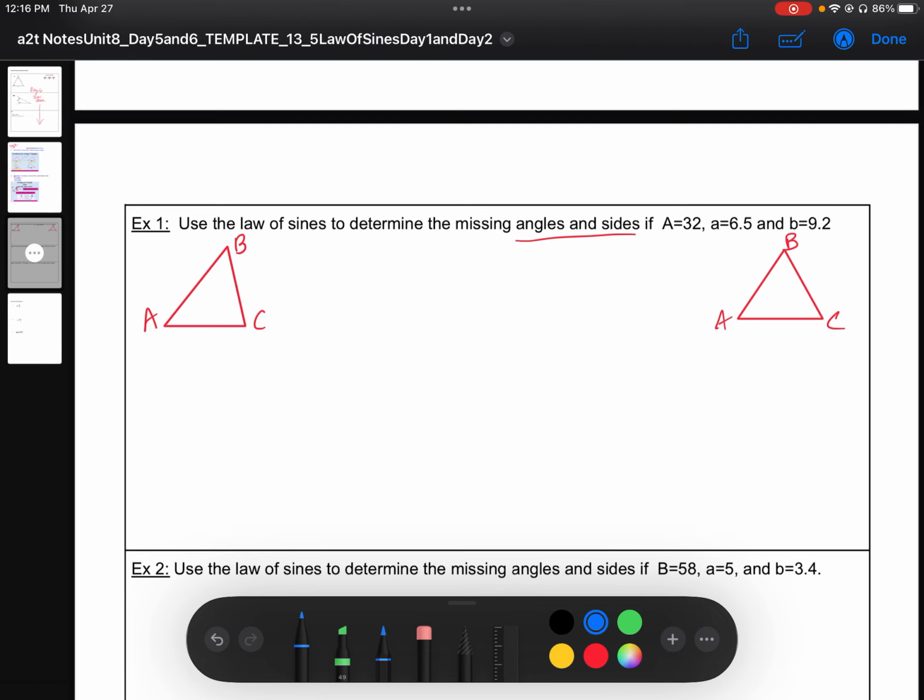So angle A is 32. I know that's talking about angle A because it's a capital letter. So we got A, B, C, A, B, C. And we'll do that for the second one.